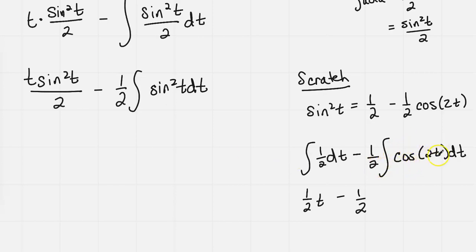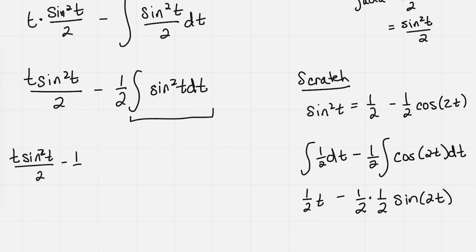I go, okay, that cosine 2t, when I find the antiderivative, I'm going to get another 1/2 popping out, and then I have a sine of 2t. So the antiderivative of cosine 2t is 1/2 sine 2t. So now I can replace that with this integral of sine squared t. So this becomes t sine squared t all over 2 minus 1/2 times the entire quantity of 1/2 t minus 1/4 sine 2t.